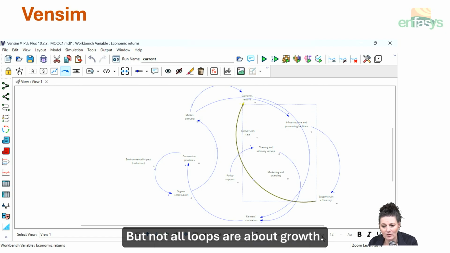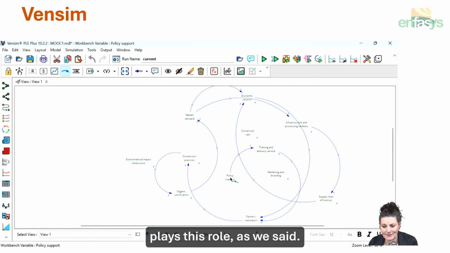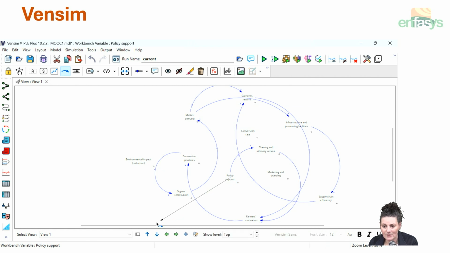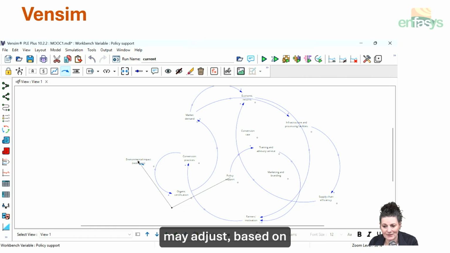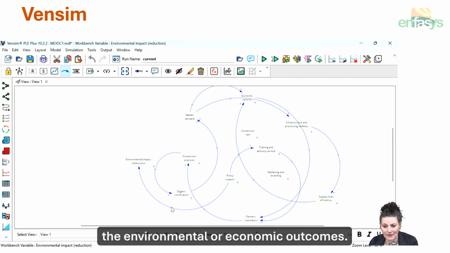But not all loops are about growth. Some loops stabilize the system. And this is what we're going to look at now. In the Irish case, policy plays this role, as we said. So the system evolves, and policy may adjust based on the environmental or economic outcomes.